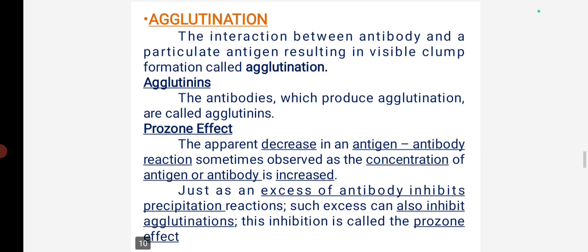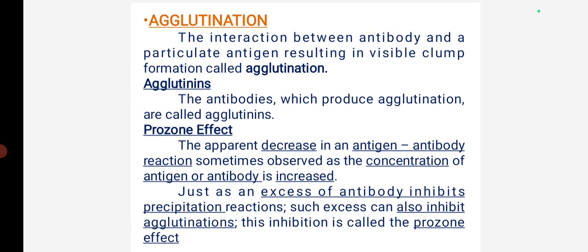Next, move on to agglutination. The interaction between antibody and a particulate antigen resulting in visible clump formation is called agglutination. Next one, agglutinin. The antibodies which produce agglutination are called agglutinin. Next, prozone effect.